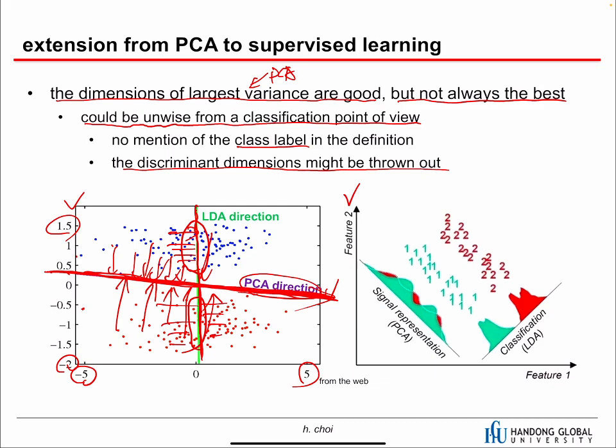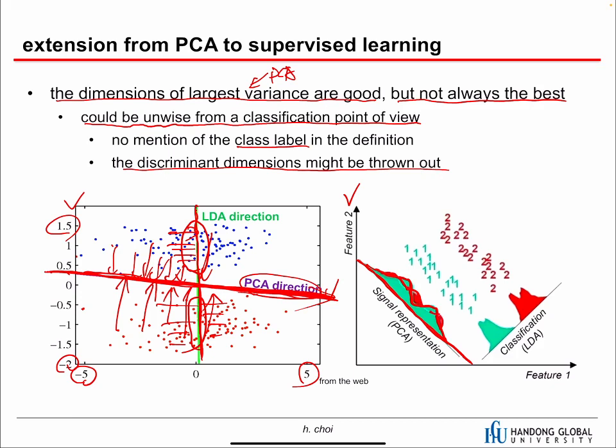We have the digits in a two-dimensional space, and the PCA prefers this direction. So we project all the samples onto this line. And then as you can see here, the green one, which is a digit 1, might have this distribution, and the red one has this distribution.